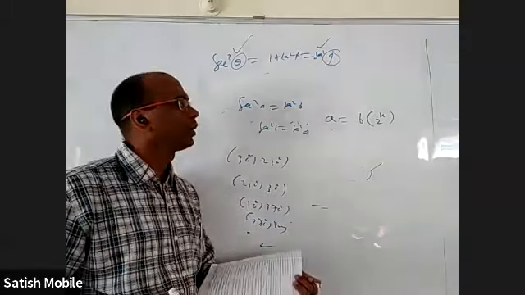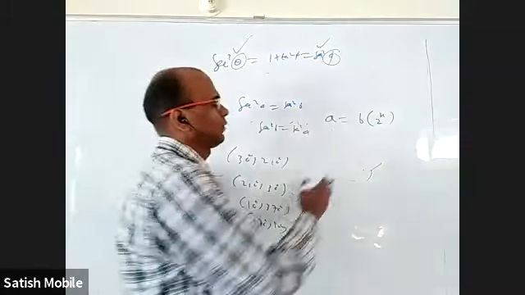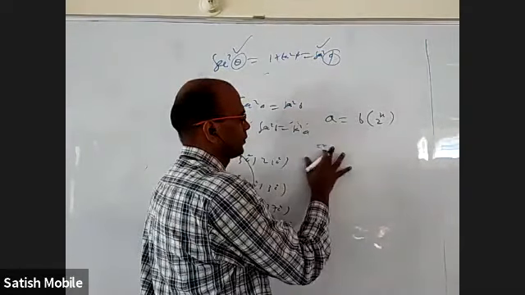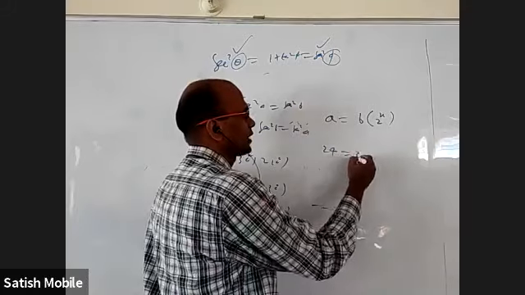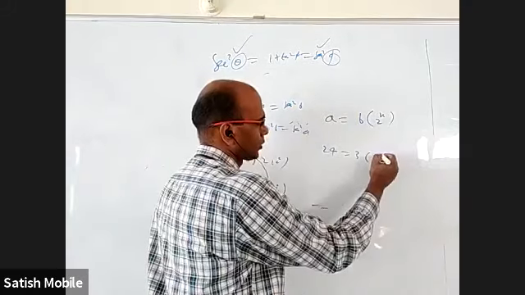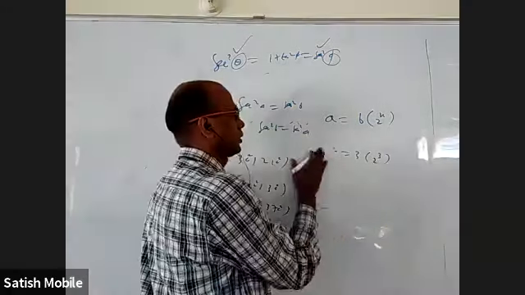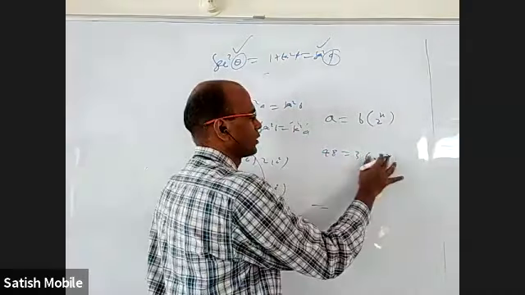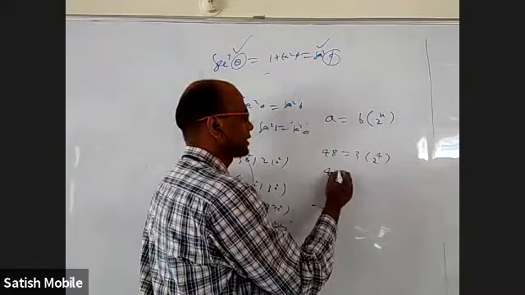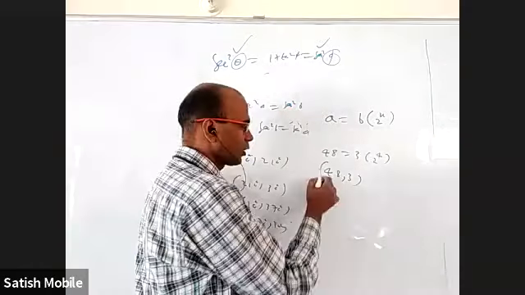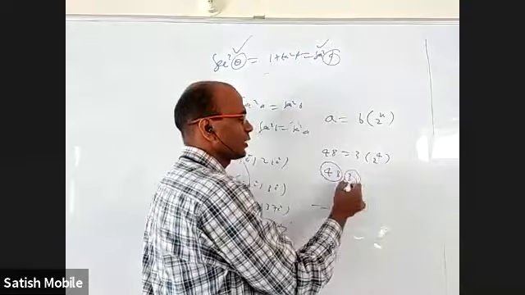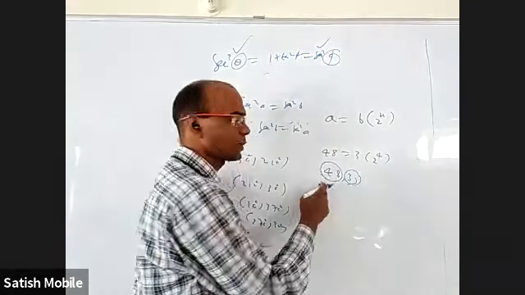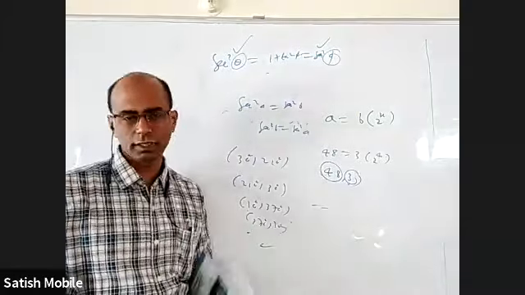Now, for example, 24 can be written as 3 into 2 power 3. Or you can change it, let's say 48. You can write 3 into 2 power 4. So 48 is connected to 3 because you are able to express this as this number into 2 power something. Basically, it is in one sense this by this should be a power of 2 only, nothing else.